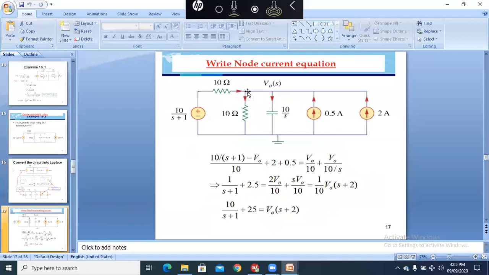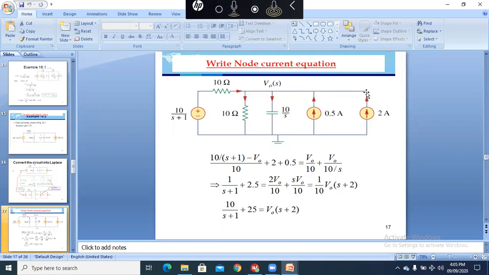Now we have the voltage V naught of s appearing across this node. Only this current is entering the node, and a 0.5 ampere current is entering the node, while these two currents are leaving the node.